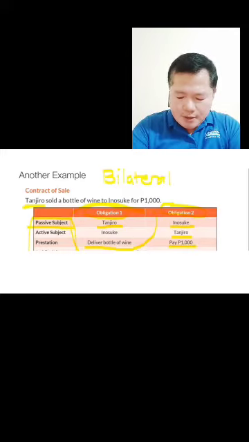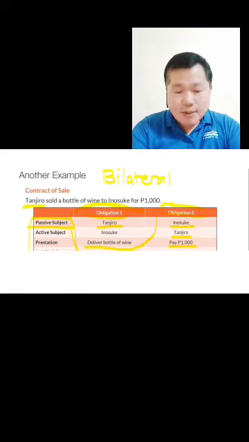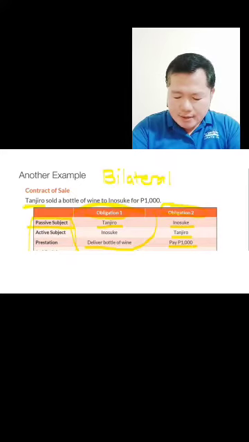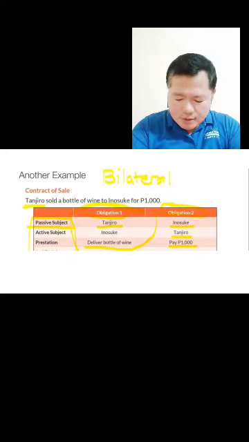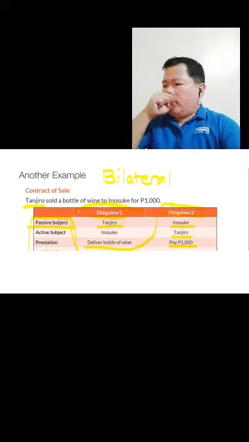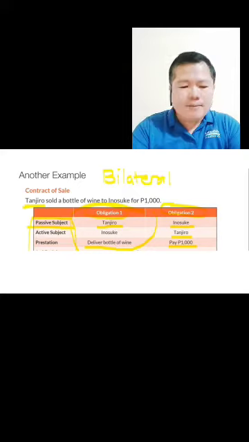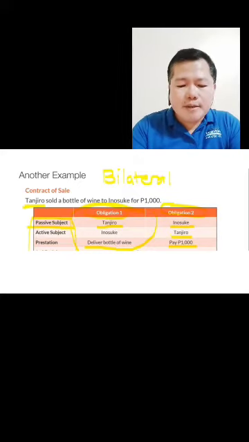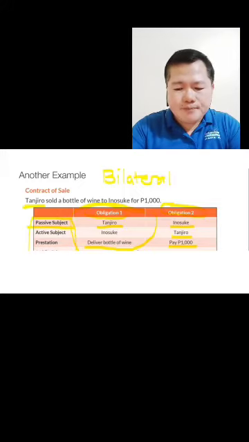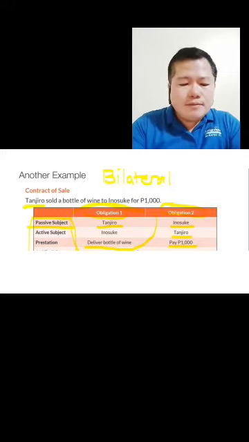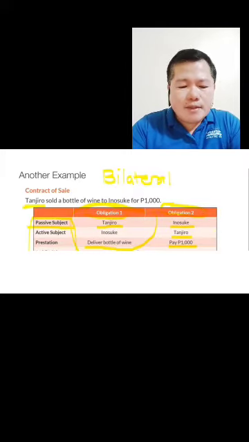So the prestation in obligation number 2 is to pay 1,000 pesos. So let's analyze. The one who has the obligation to pay is Inusuki, so we consider him as the passive subject. And the party who has the right to demand the 1,000 pesos is Tanjiro, which is the seller. So we consider him in this case as the active subject.